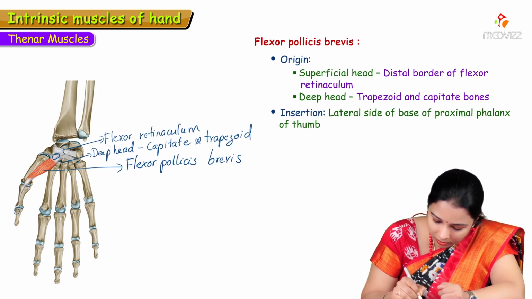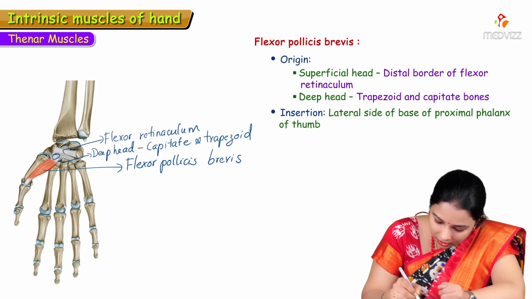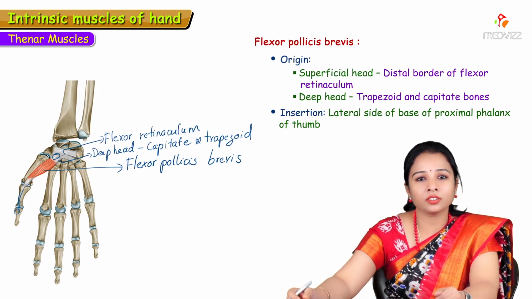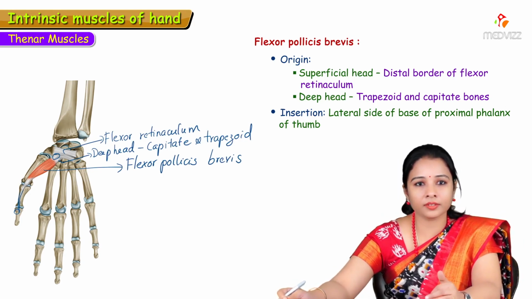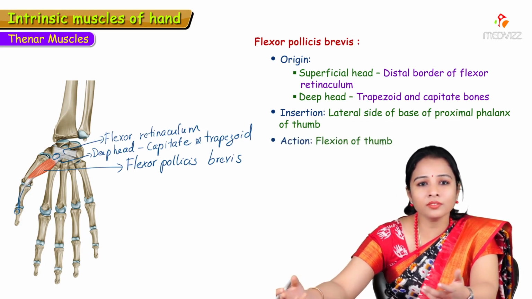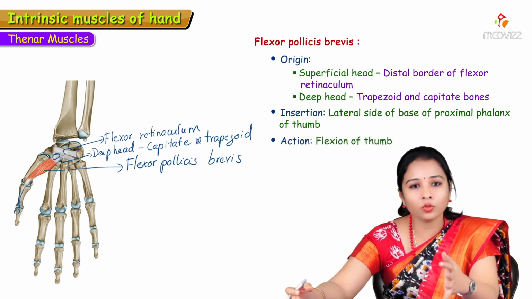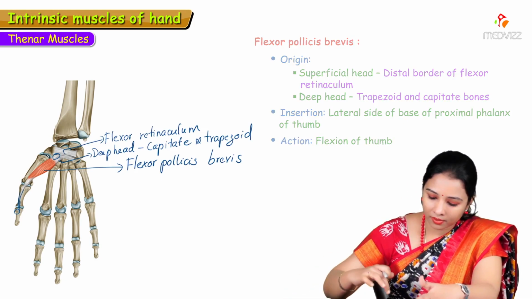So this is the proximal phalanx, and we can see it is running till the proximal phalanx. The tendon goes till the proximal phalanx. So lateral side base of the proximal phalanx, it gets inserted, and action, it helps in flexion of the thumb.